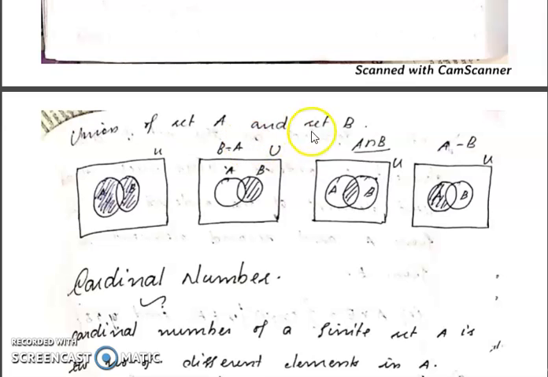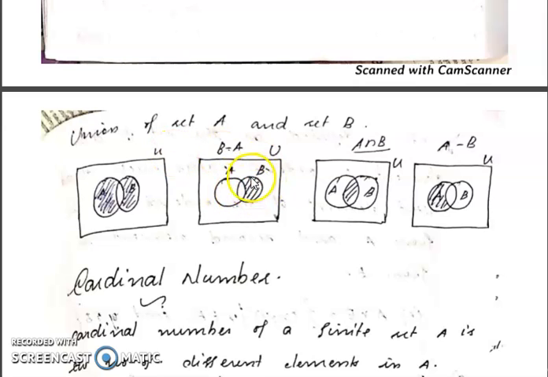Then union of A and B. So you see, this is U. You can shade both A and B, and also the intersection area, and that is A union B. Mark it as A union B here.